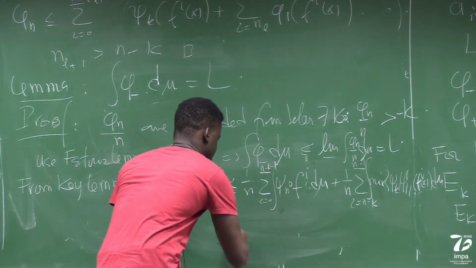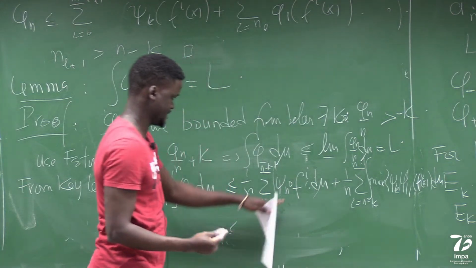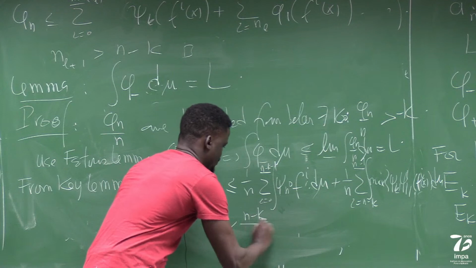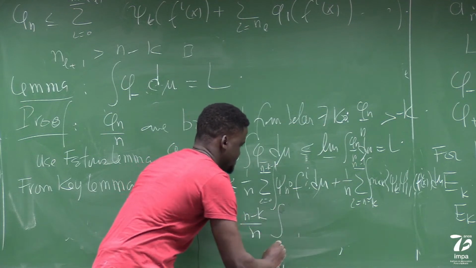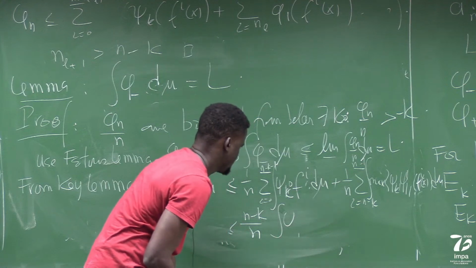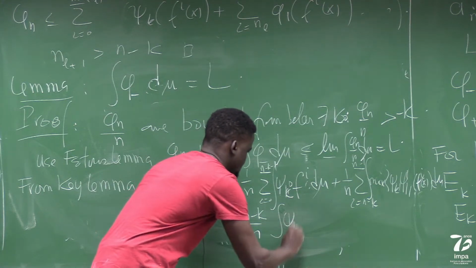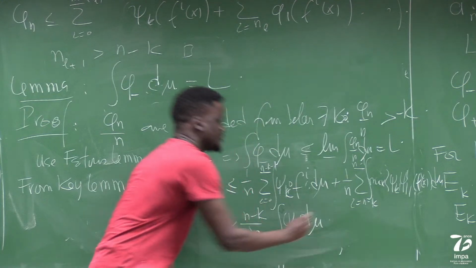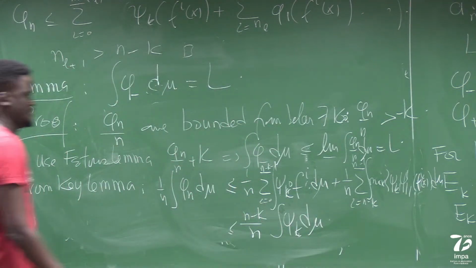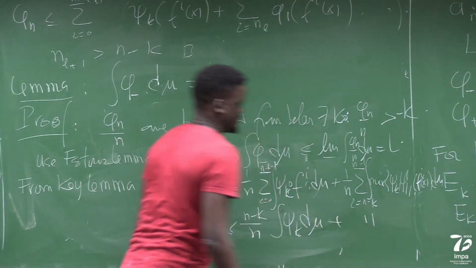So this is actually an equality. So this is n minus k over n times the integral of phi k d mu, plus the same thing here.